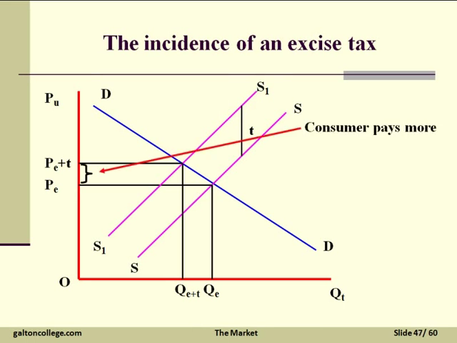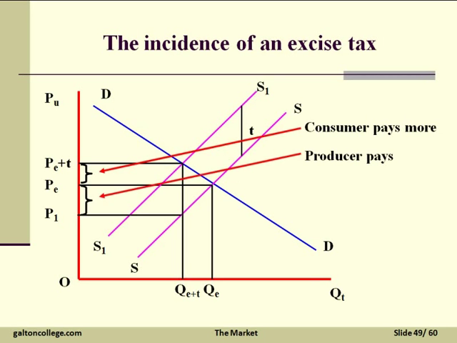So it's the price plus the tax. The consumers would pay more because previously the consumers were paying PE, now they're paying PE plus T. So the consumers are paying more for it. But in addition to that, in the past, if the quantity was QE plus T, then the producers would have received P1. That was the old supply curve. So the producers would have got P1, and the price would have been PE.